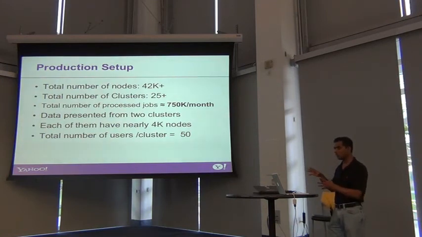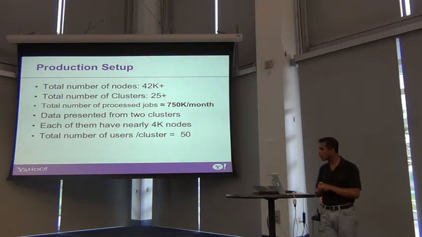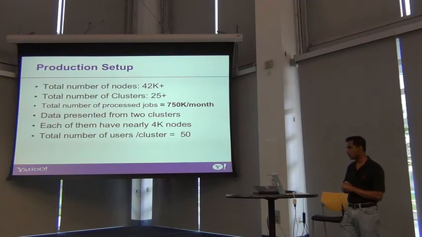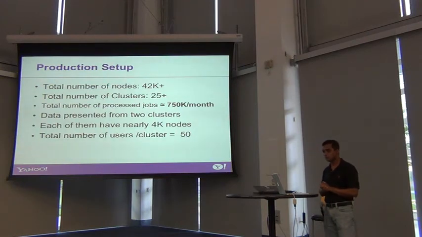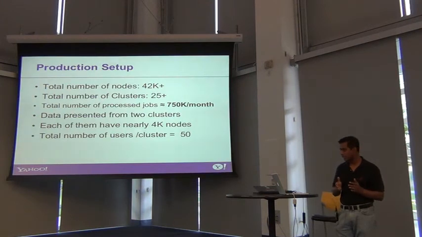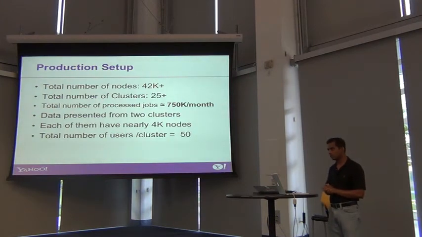Anyway, we provide some production data on how Oozie is being used and what our experiences are. As you know, at Yahoo we have more than 42,000 nodes in our clusters. We slice this into more than 25 clusters, running more than 750,000 jobs per month.